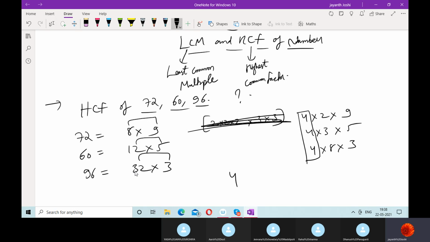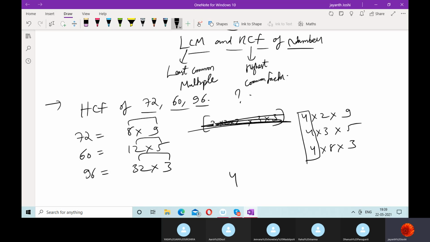Do you think 96 would go in 12? 12 8s are 96. Yeah, so can you write this as, see, we can do it in one step.